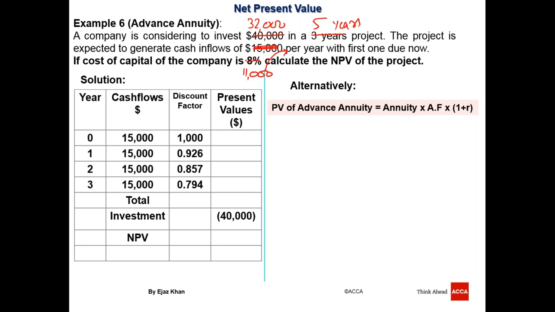If the cost of capital is 10%, calculate the NPV of the project. So I've made a few changes to the question. Just quickly solve the question for me. And it's totally up to you people which approach you use. I would suggest to stick to one approach so that you don't get confused in the exams.